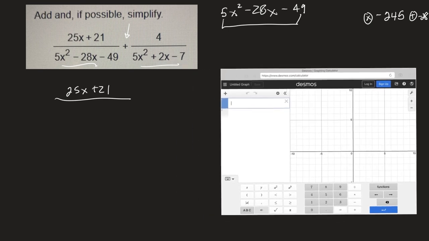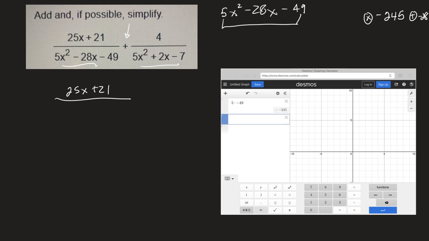All right. Two numbers that multiply to 245. Well, 5 and 49. 5 times negative 49 does, but 5 plus a negative 49, that doesn't give me 28. Got to find another number.